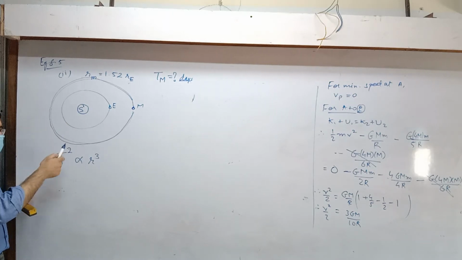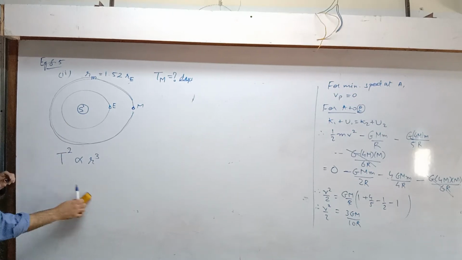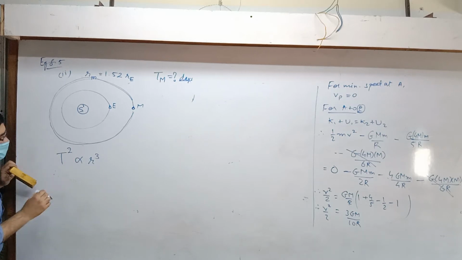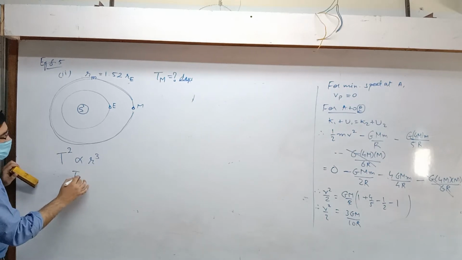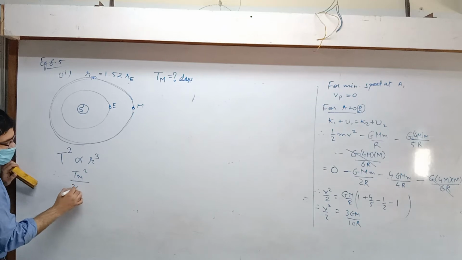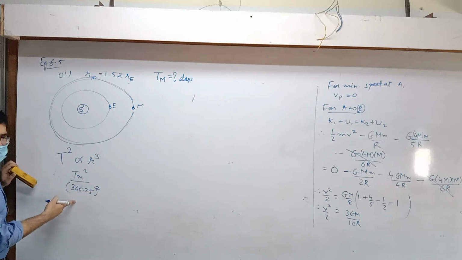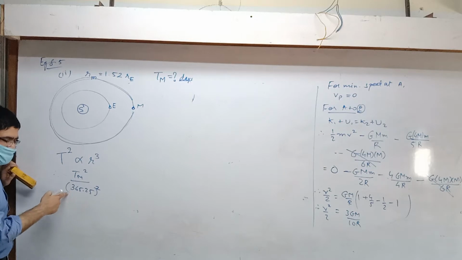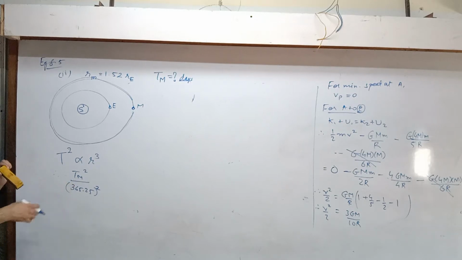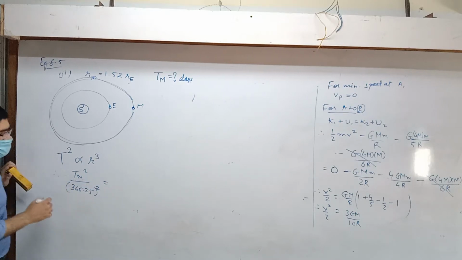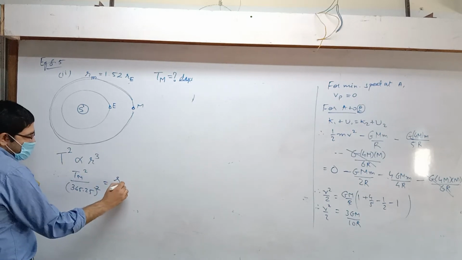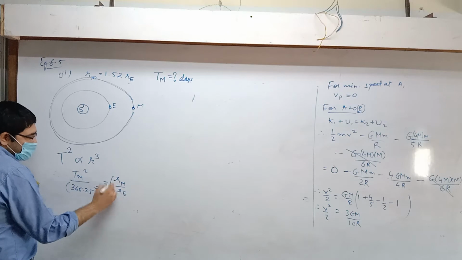So from this we can write Tm squared upon 365.25 squared, that is Tm upon Te, the time period for Earth's revolution, 365.25, equal to Rm upon Re, the whole cubed.